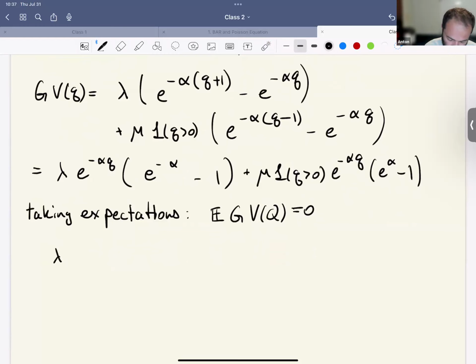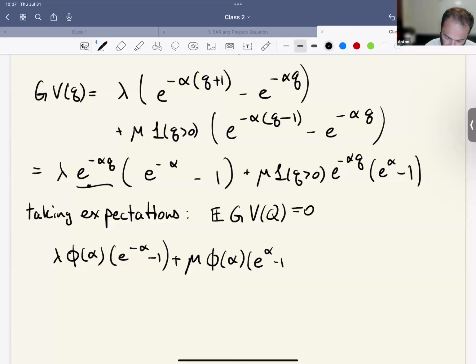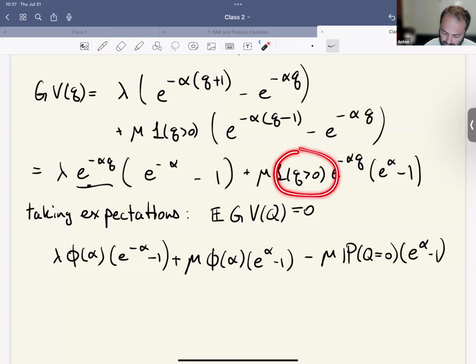We get lambda phi of alpha (e to the negative alpha minus 1) plus mu phi of alpha (e to the alpha minus 1). No, I did not miss this indicator. I'm going to add it and subtract it, so minus mu probability q equals 0 times (e to the alpha minus 1). So I added and subtracted the indicator that q is equal to 0.